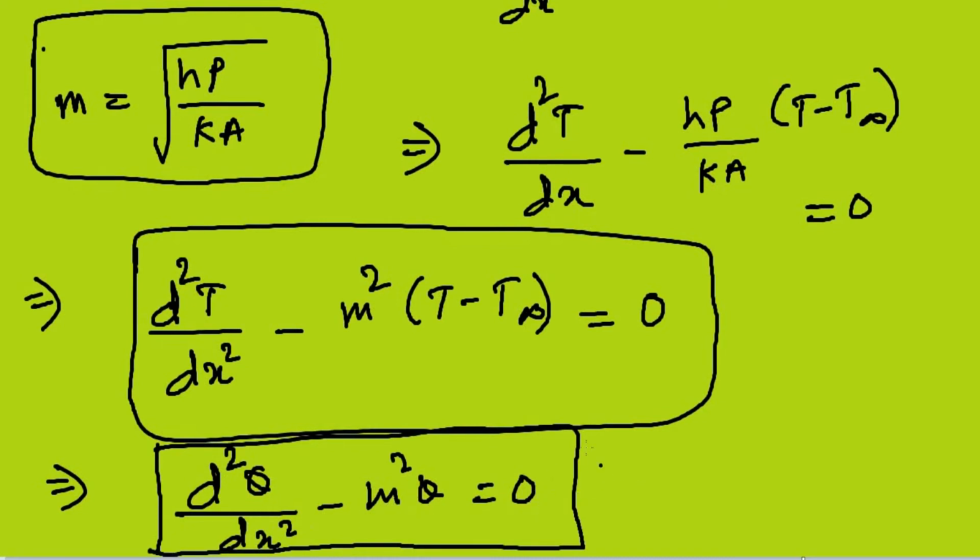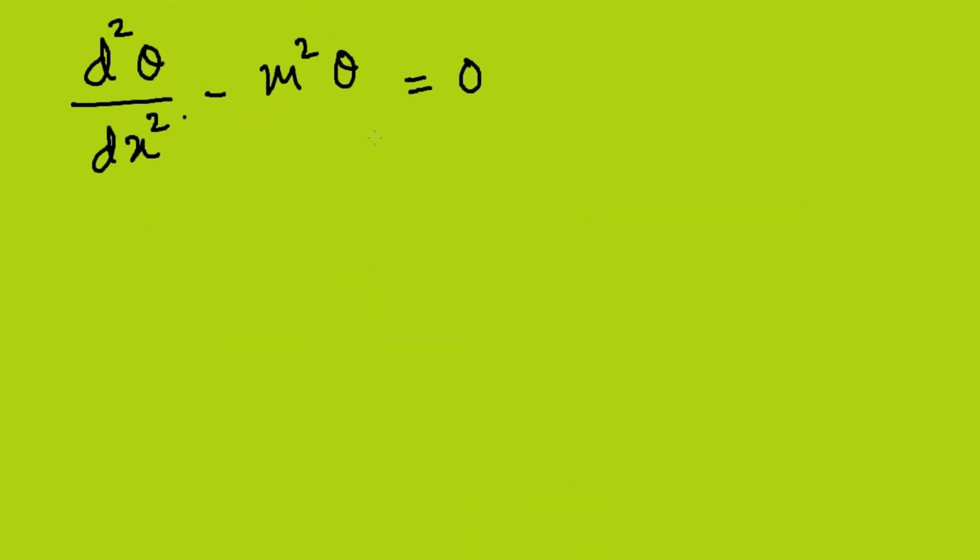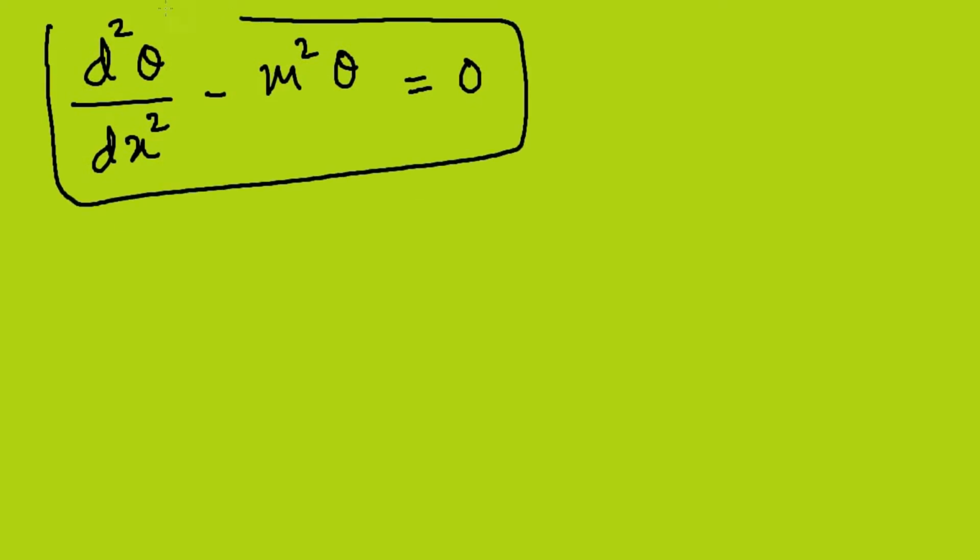Now we will find solutions to this. This is the equation that we had derived, d² theta/dx² minus m² theta equal to 0. From this equation you can see that there is no particular integral, only the complementary function will exist. So let's assume theta equals e to the power gx.